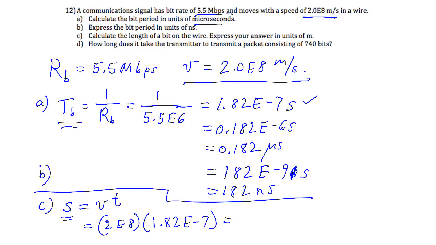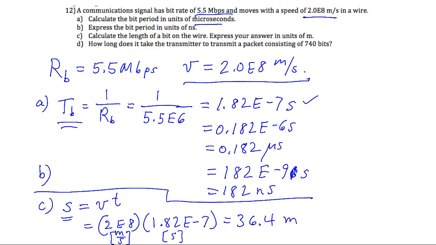If I multiply that on my calculator, 2 times 10 to the 8th times 1.82 times 10 to the minus 7th, I'm going to get 36.4, and that has units of meters. I've got meters per second here, and seconds here, and that yields meters.